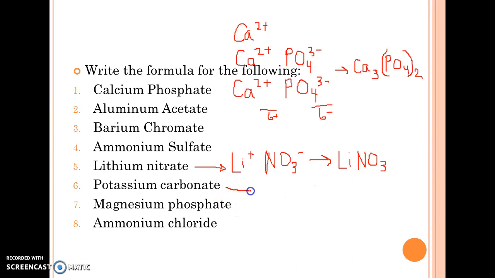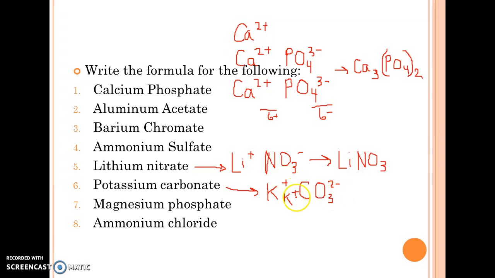Let's look at potassium carbonate. We have potassium, which is K. It's in group 1, so it has a +1 charge. And we have carbonate, which is listed in your reference table. Carbonate is CO3, and it has a -2 charge. These charges do not equal 0, so I'm going to add another potassium to make them equal 0, because it has a +1 charge.